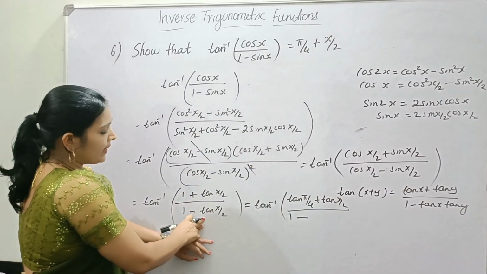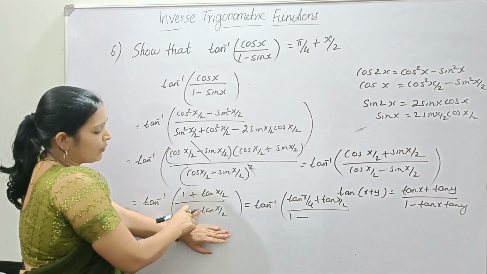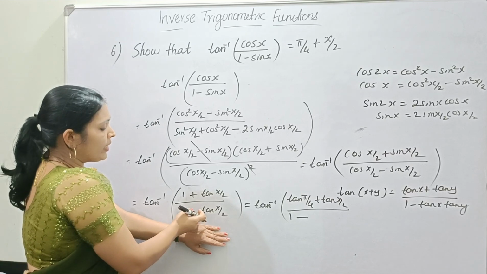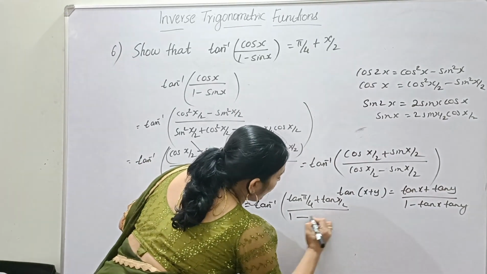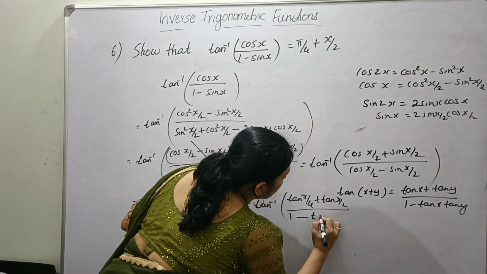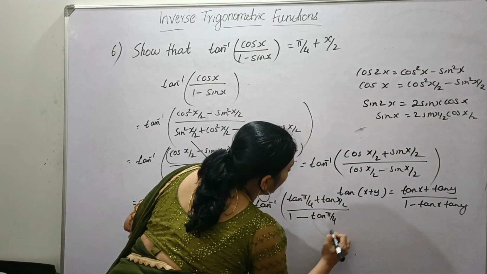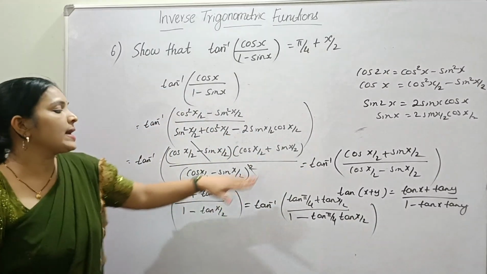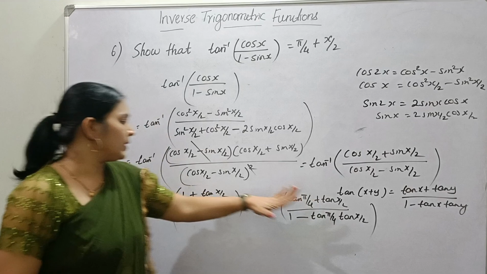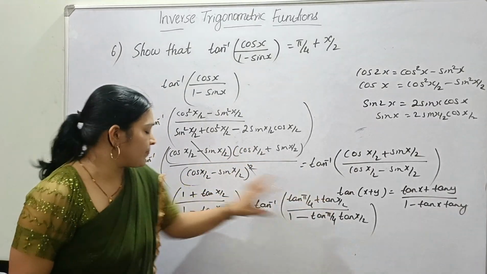And next, here we will multiply 1, okay, we know that 1 into tan x by 2 is equal to 1 into tan x by 2. So that 1 can be written as tan pi by 4 into tan x by 2. It is the same as this one.